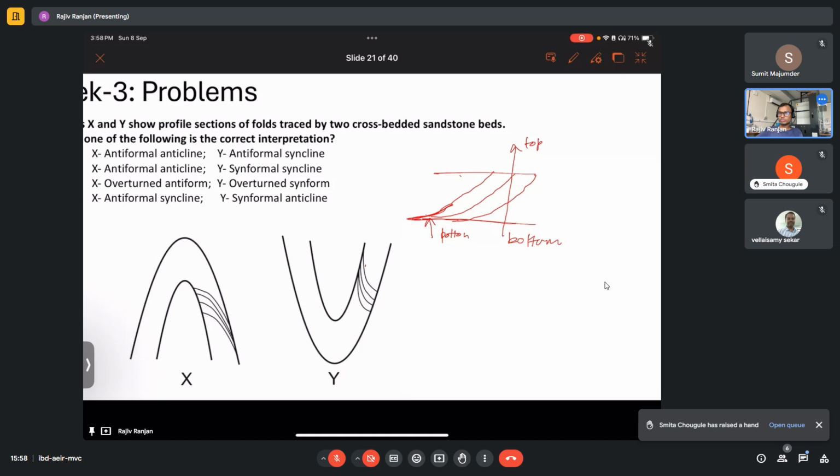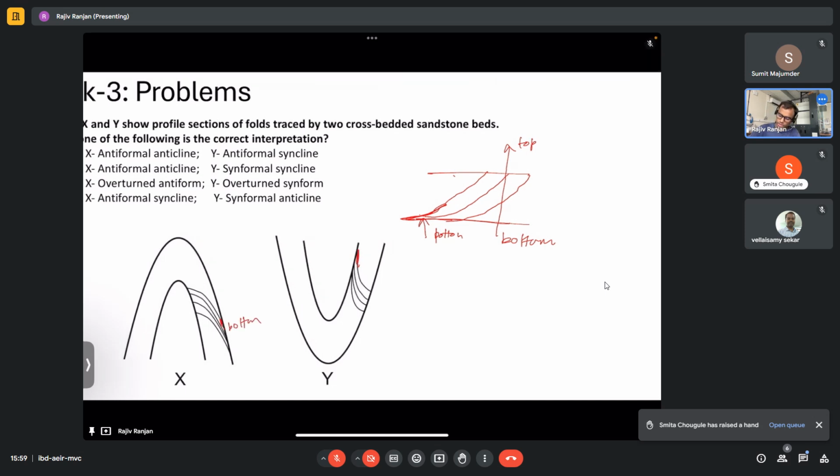Sumit, did you get it? So if you see here, this will give you actually top and bottom. So now you will see which one is older and which one is younger, right? So here this is bottom, so this is older and this is younger. Here bottom is here, so this is older and this is younger.